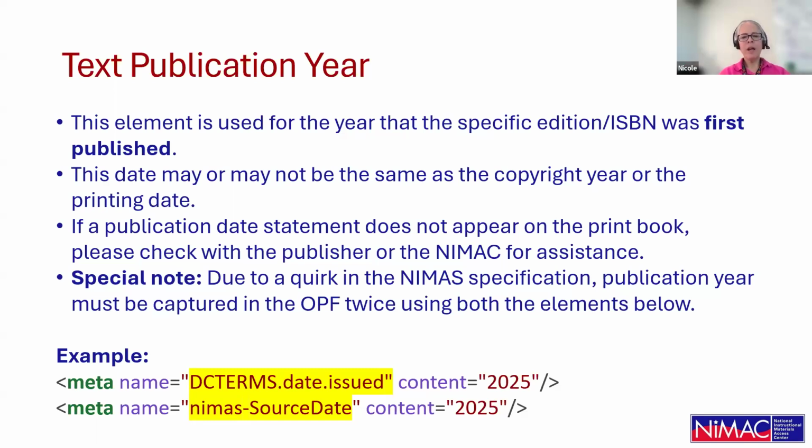However, it is required, and it may or may not be the same as the copyright year or the printing date. So if you are having trouble figuring out what the publication date should be, and there is not a statement on the print book, you can check with the publisher or you can reach out to the NIMAC. We'd be happy to help with that.